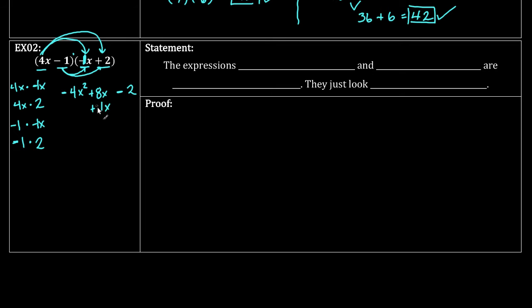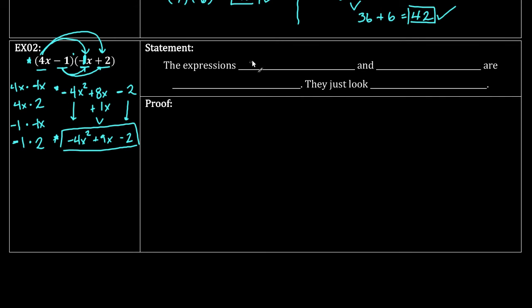Alright, so remember, we're going to combine these two right here, because we don't have any more x to the second powers, so we just bring it down. Positive 8x plus positive 1x gives us positive 9x. And then we just bring it down, minus 2. Alright, so remember this expression and this expression are equivalent.